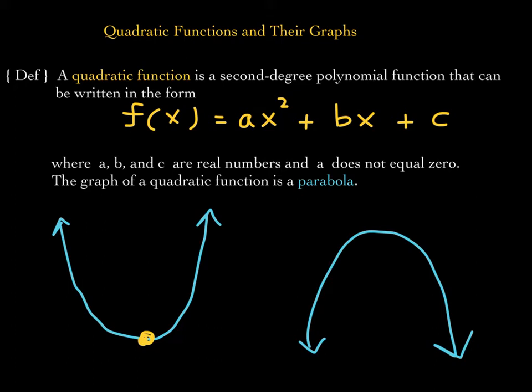So this point here would be called the vertex. If the parabola is opening downward, then it has a highest point called the maximum, and the maximum is located at the vertex. So we'll be studying these two different classifications for parabolas.